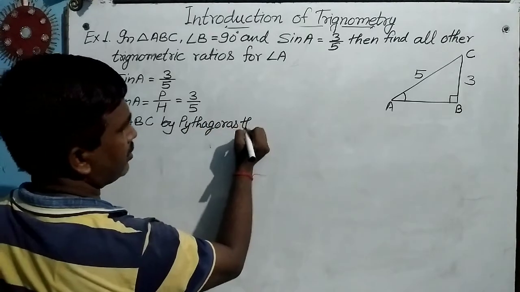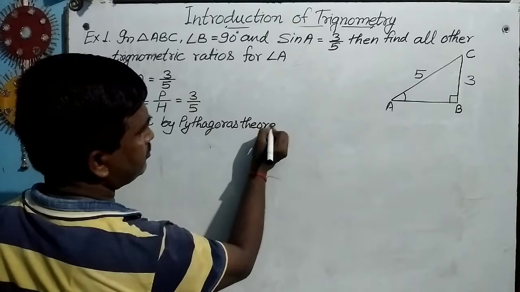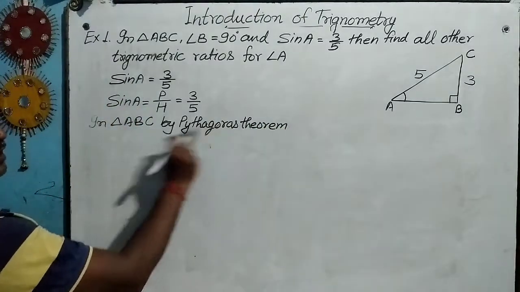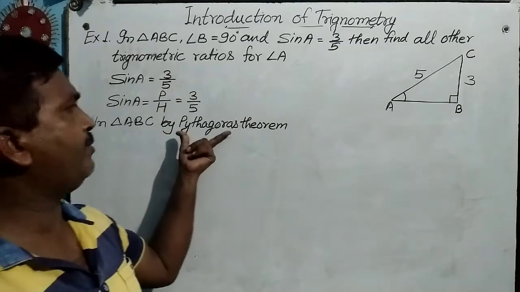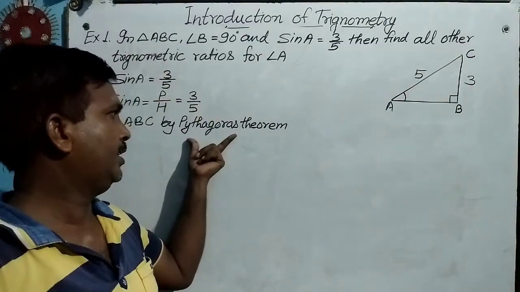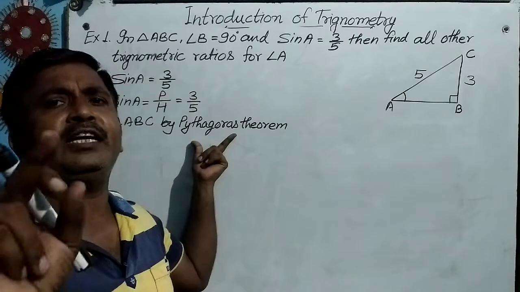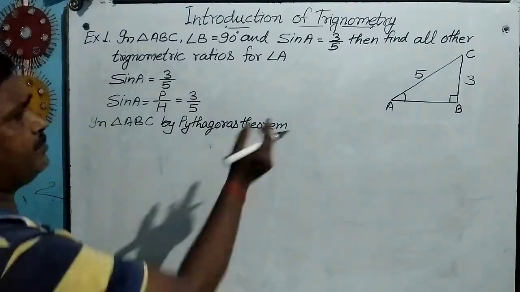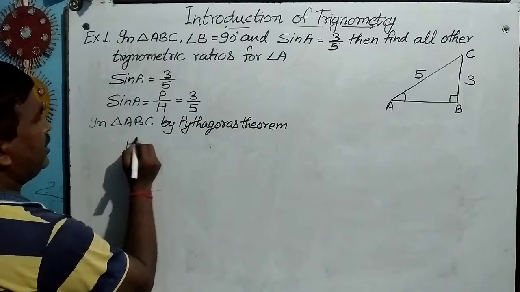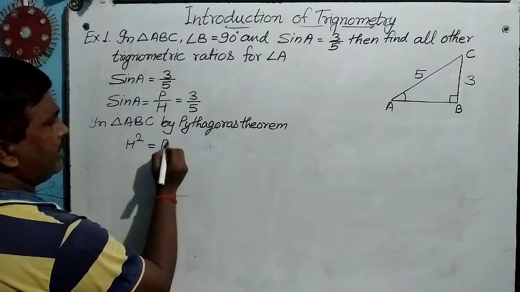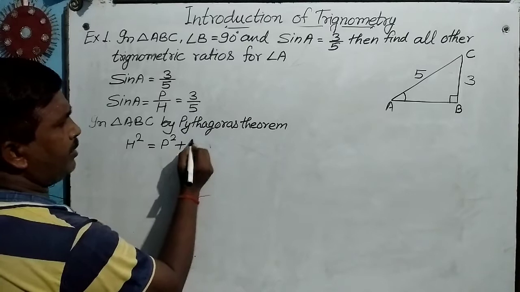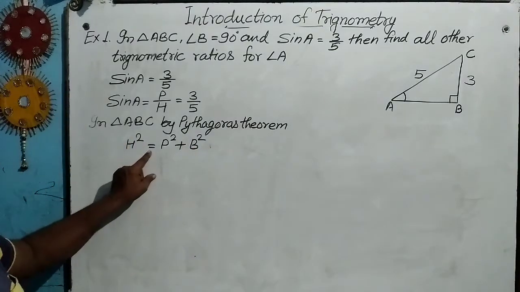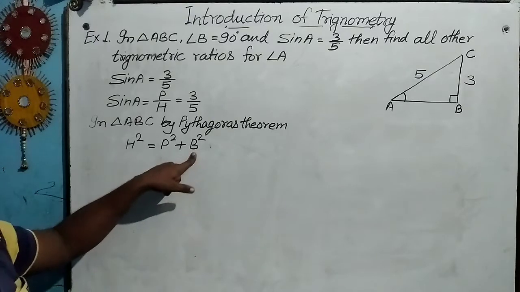By Pythagoras theorem, the theorem which is given by Pythagoras, and you have to study it in your 10th course. Now listen here, the Pythagoras theorem is: hypotenuse square equals perpendicular square plus base square. It means h square equals p square plus b square.